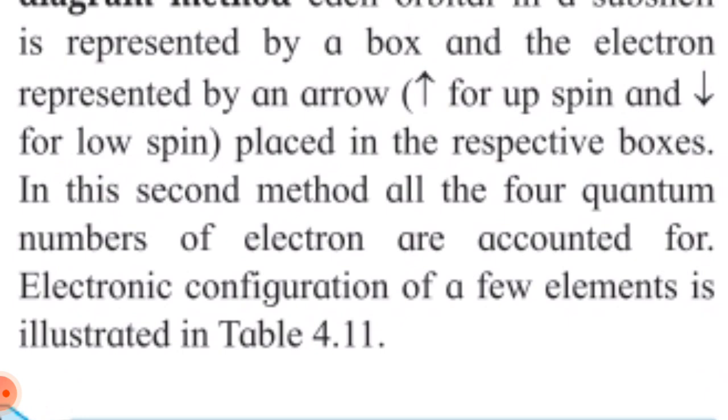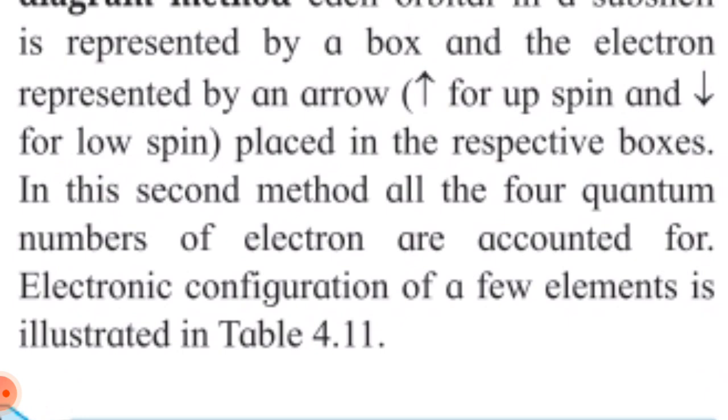Up spin means the arrow points upward and down spin means the arrow points downward. In this method, all four quantum numbers of electrons are accounted for.